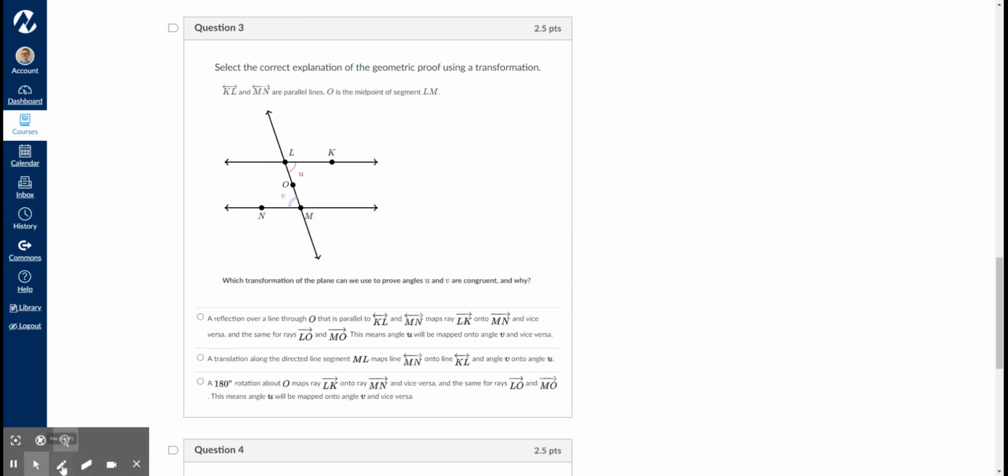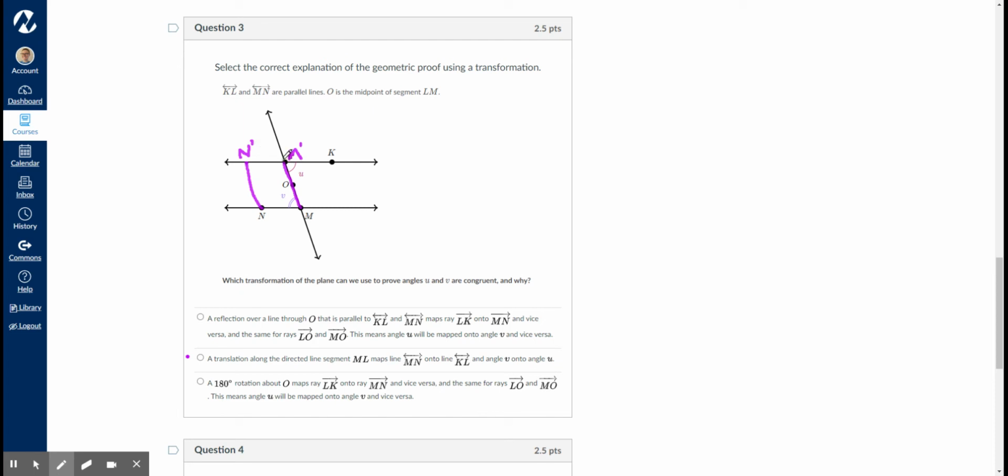Top voted choice was B, this one. So a translation along the directed line segment ML. So that is a translation that brings point M to where point L was. So that brings M to here. We'll also bring N to about there.